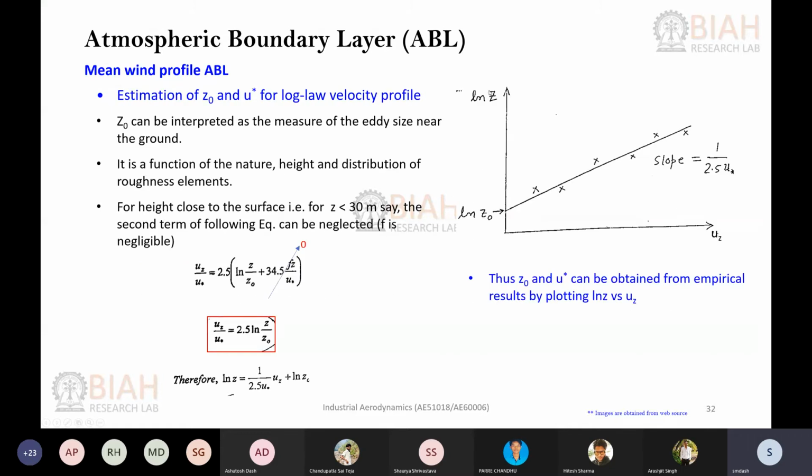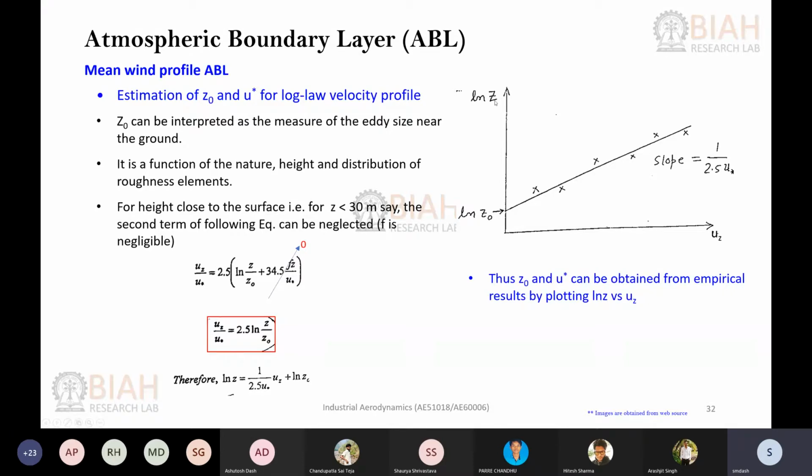You need to plot against... Can you tell me what you need to plot? Like I have already said, when you have a displacement plane, you need to subtract D, because your height will be your effective height.